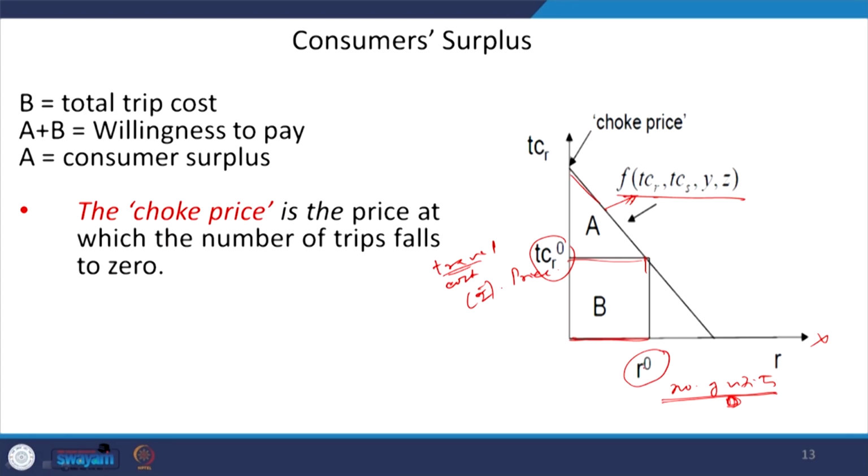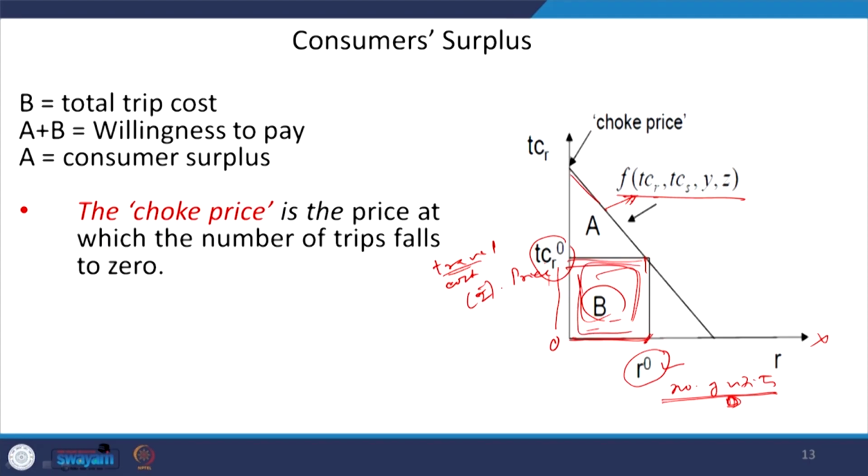Now we can find out that if the price is this much, 0 TCR0, then the total trip cost for visiting R0 times to this particular site would be this area, which is represented by B. But the visitor was actually willing to pay how much?